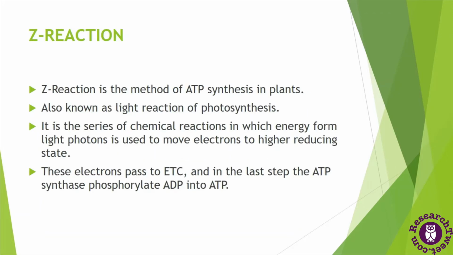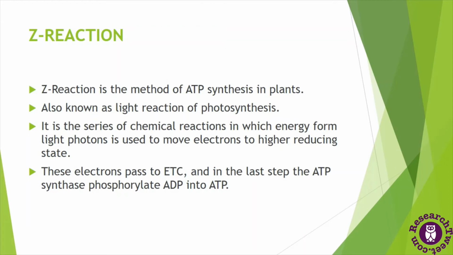Now, in the case of plants, ATP synthesis takes place by the Z reaction, also known as the light reaction of photosynthesis. In this process, the energy from light photons is used to move electrons to a higher state, and these electrons are obtained from water, and the light energy obtained from the sun is used to enhance their reducing ability.